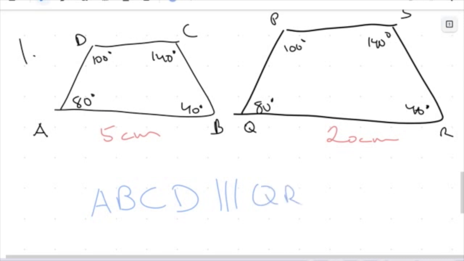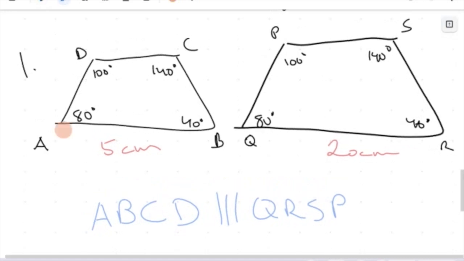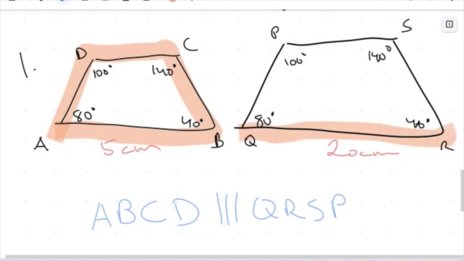And then Q, R, S, P. So I've said my trapezium A, B, C, D is similar to my trapezium Q, R, S, P here.